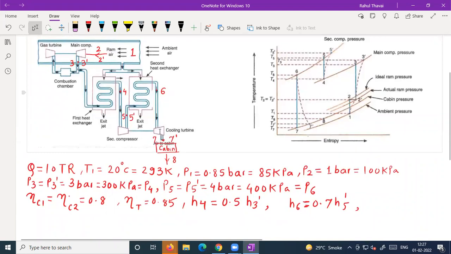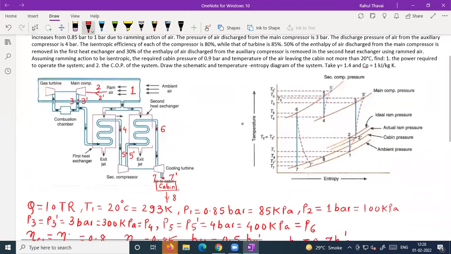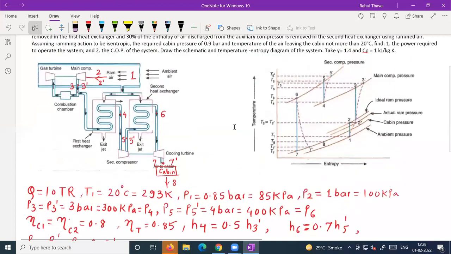Whatever air pressure is available at the exit of the turbine, the same will be supplied to the cabin. So here you can write P7 is equal to the cabin pressure, and that is 0.9 bar.